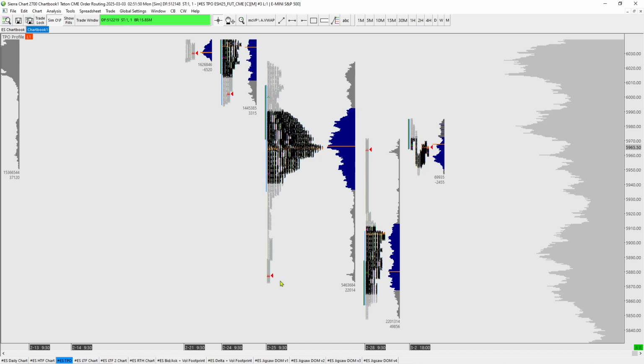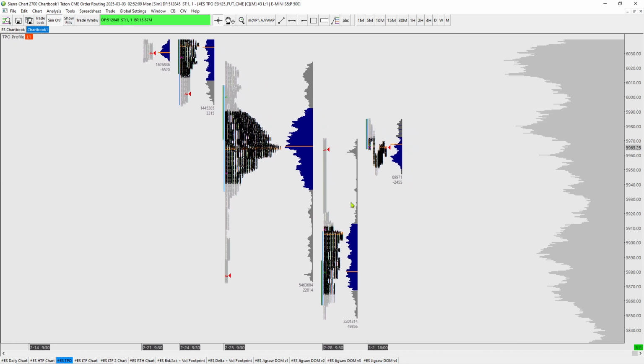So we got below value and we're unable to hold below it. We came back inside. It's very likely, now that we're back inside value, that we rotate all the way to the top of value, which would be 6,000, about 5990 is a better level, but I'll plot out some levels in just a second.